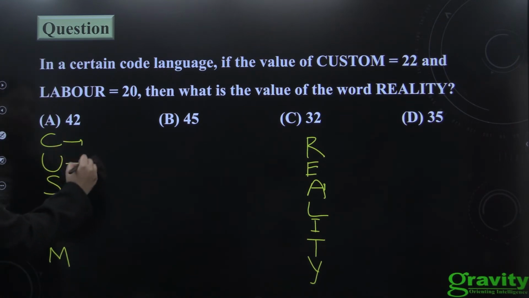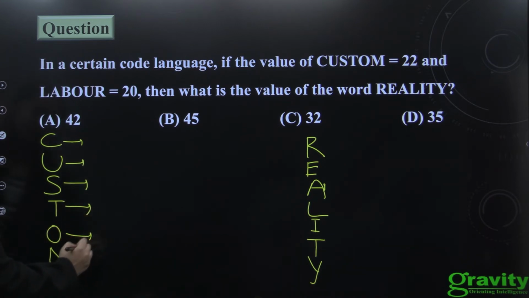Was it 42? No. 132. 32 is incorrect. Write the value of the letters first.